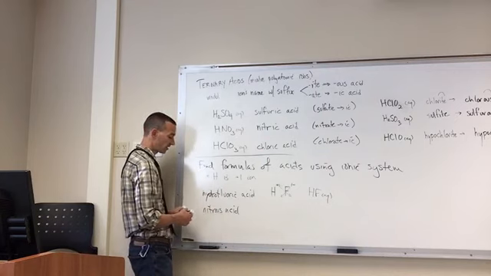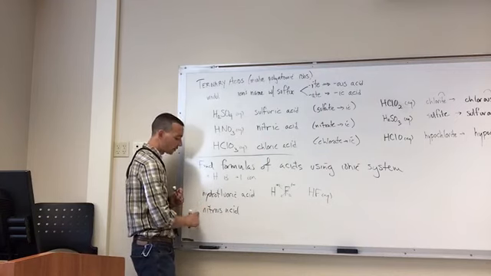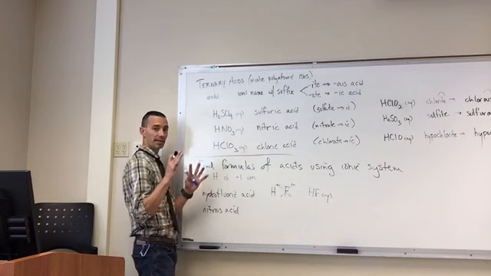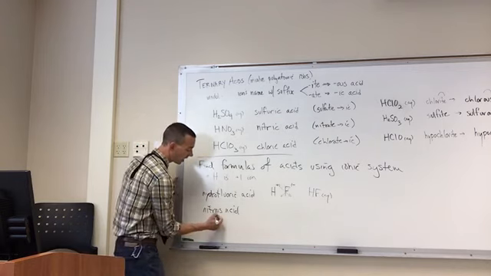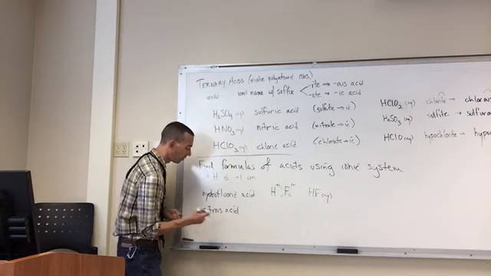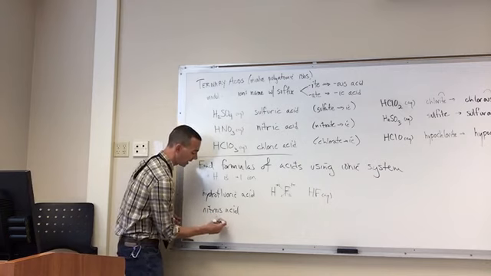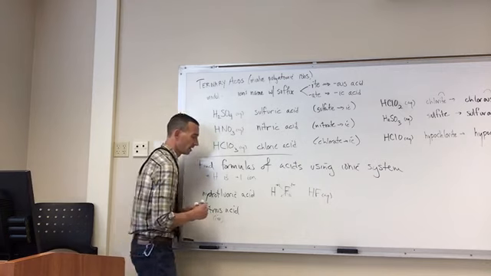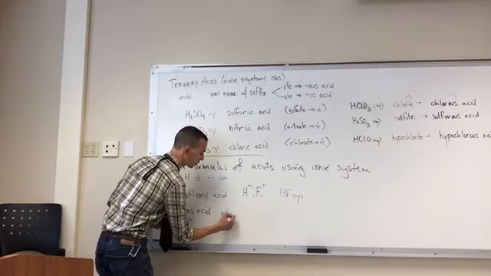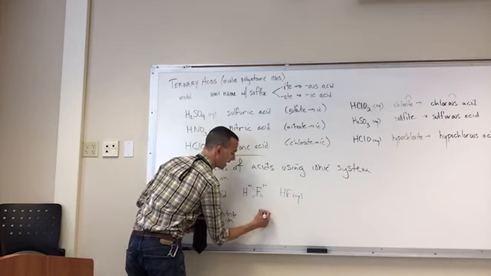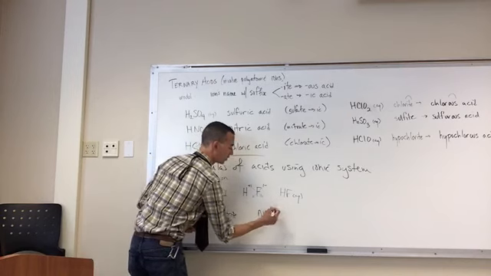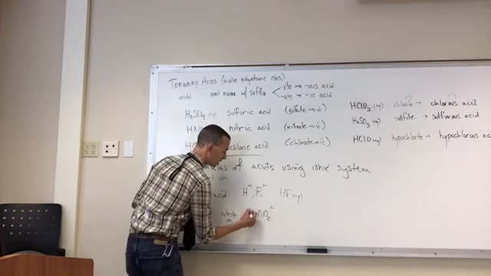Nitrous acid, on the other hand, we're lacking the word hydro here. Bing, bing, that's an indication that there's a polyatomic ion here. The us comes from having been the ite ion. So we're looking for the nitrite ion. That would be NO2 with a 1 minus charge.